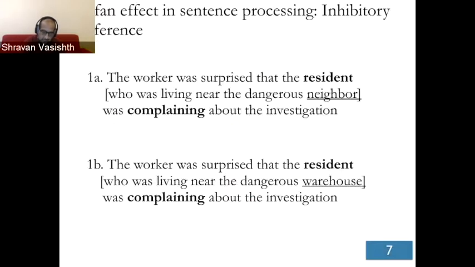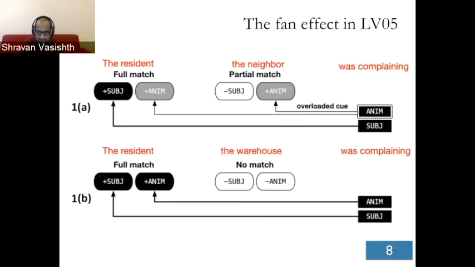What occurs is that you're looking for an animate subject at this point when you're processing the verb, and there are two animate subjects in memory. This results in an increased difficulty in distinguishing between the correct subject and the distractor noun, which is neighbor here. If you have a baseline condition like 1B, where instead of neighbor we have warehouse, then the expectation is that you would have less difficulty in processing complaining in 1B versus 1A. Schematically, you can imagine a situation like this. At the verb, you're trying to retrieve a noun that is animate and subject.